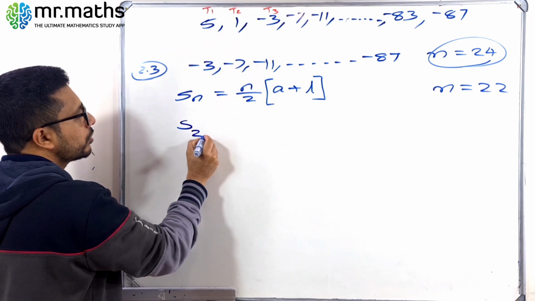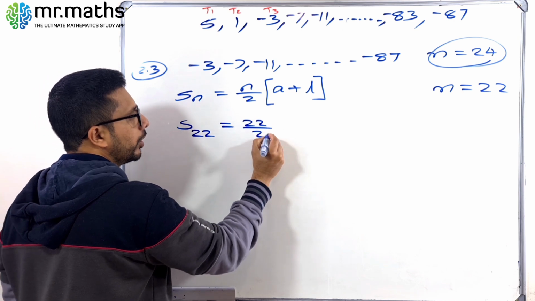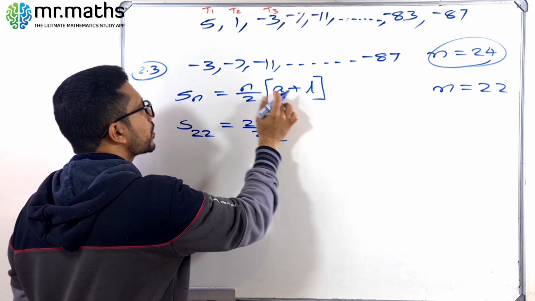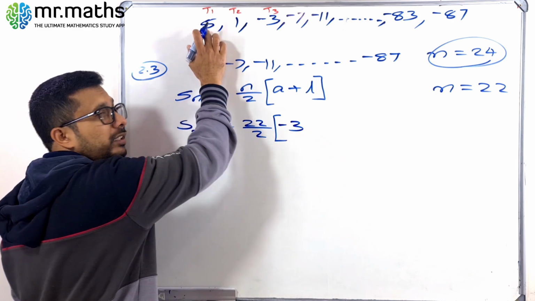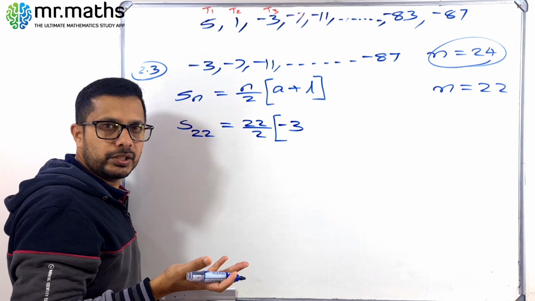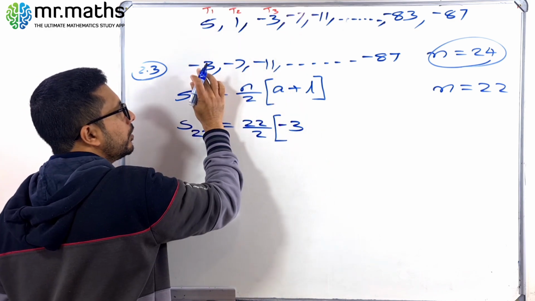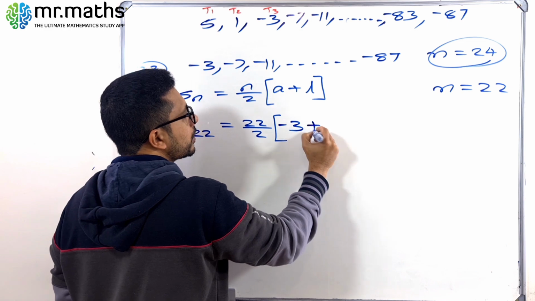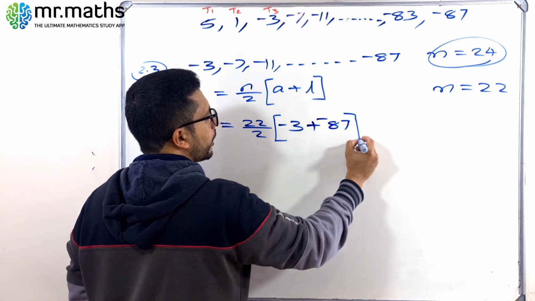So S22 is equal to n, number of terms, 22 divided by 2 into a, first term, it is -3. Why didn't I take the first 5? Because they want the sum of the negative terms. Negative terms start from -3. That is why the first term is -3, plus last term, that is -87.